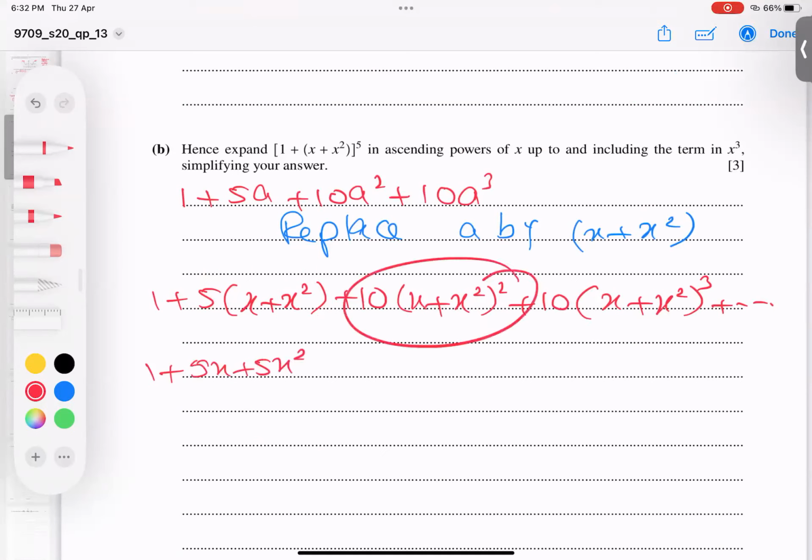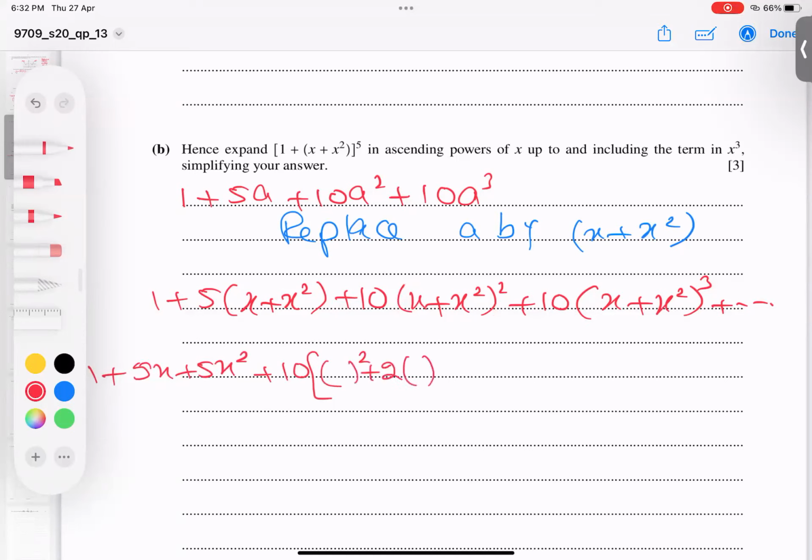Now here I have to expand, and all are familiar. So I get what, students? Maybe I need some extra space, so I'm writing it here. Expanding: first term square plus 2 into first term, second term plus second term square. So this x will come in the first two brackets, x square goes in the next two brackets, x square.